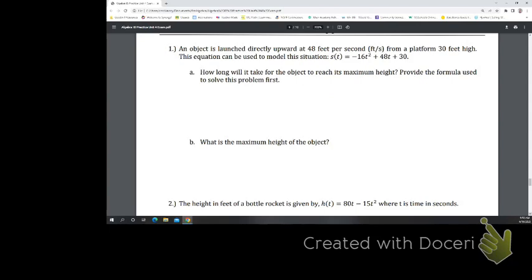So part A here is really just asking you for the axis of symmetry, because it's asking how long will it take to get the maximum height. On many of the problems we practiced, that was just something we had to find, but they weren't asking us that question. Here, I'm actually asking you. So we would be doing negative 48 over 2 times negative 16.